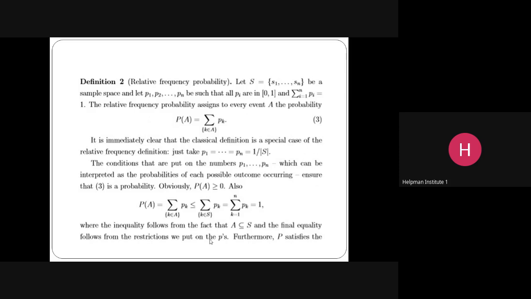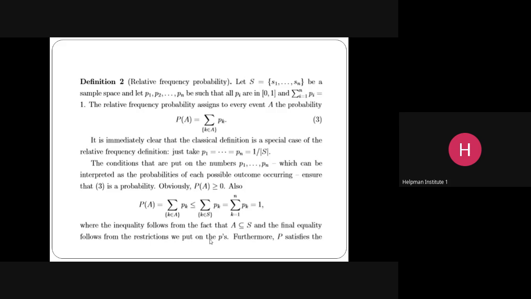Let S be equal to the set S1, S2, continuing to Sn, where the curly bracket means set, be a sample space, and let P1, P2, up to Pn be such that all Pi are in the interval 0 and 1.